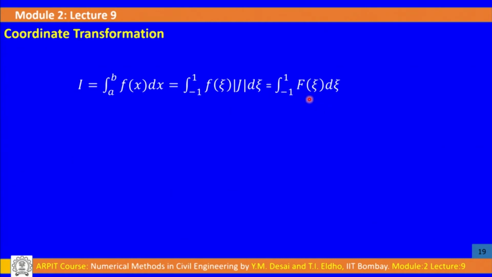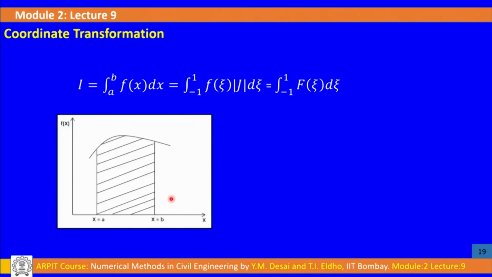So, now we are going to work with the expression integral from -1 to 1 of capital F xi d xi. This capital F xi has absorbed the determinant of Jacobi in our integrand expression. That is nothing but f xi, obtained by substituting for x the equivalent expression in xi, times the determinant of Jacobi. So, what we have done?